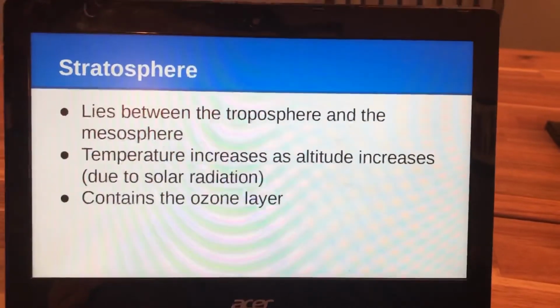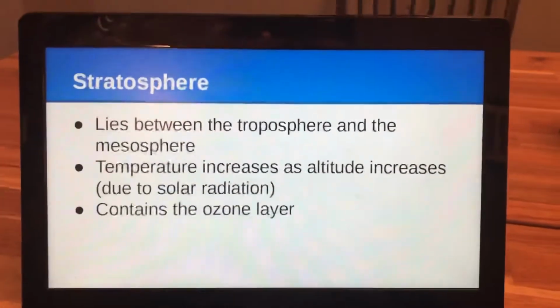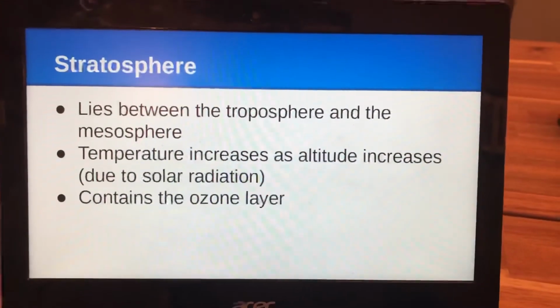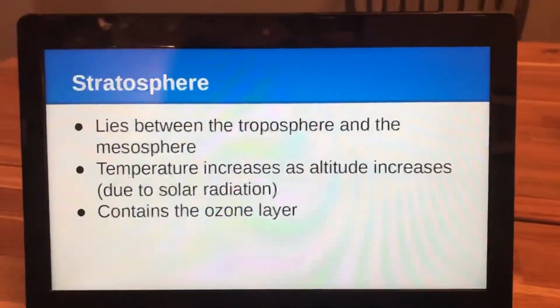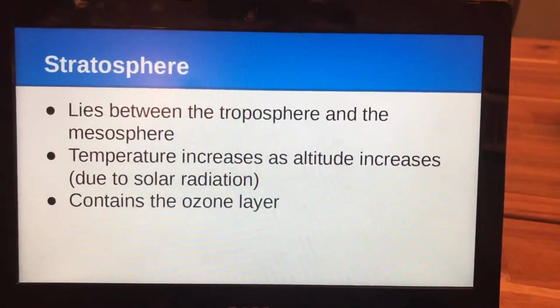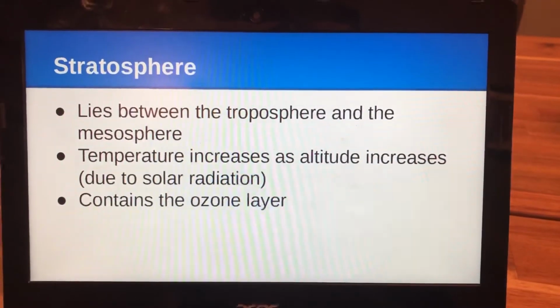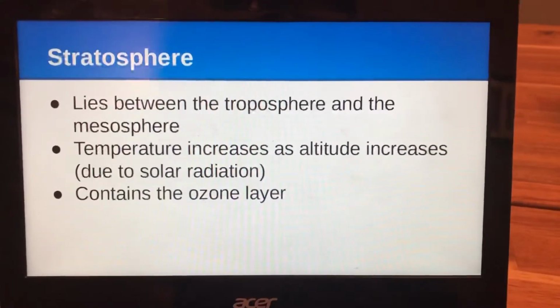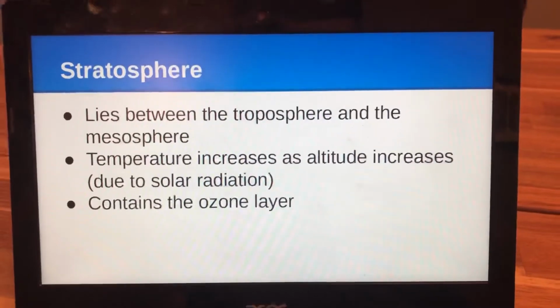All right, the next layer up on our atmosphere cake is the stratosphere. It's the second layer up from the ground. It lies between the troposphere and the mesosphere. It's really important because it contains the ozone layer. Without the ozone layer, we would be a lot crispier.